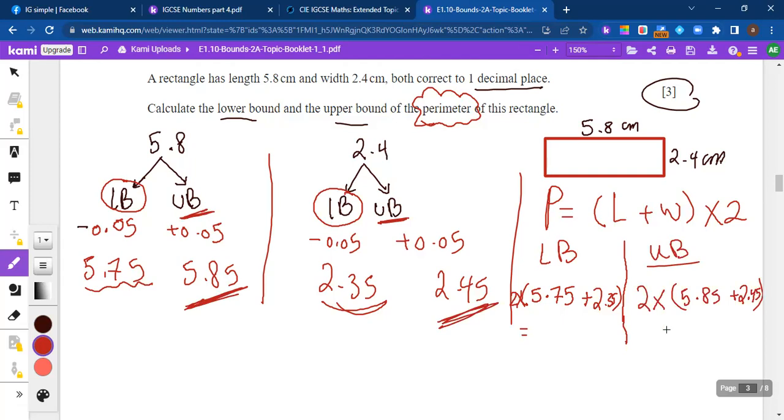Which one, an upper or lower? Lower bound. And the upper one is 16.5? 16.5, yes. Omar, you got it? Yes, thank you. Okay. So let's complete.